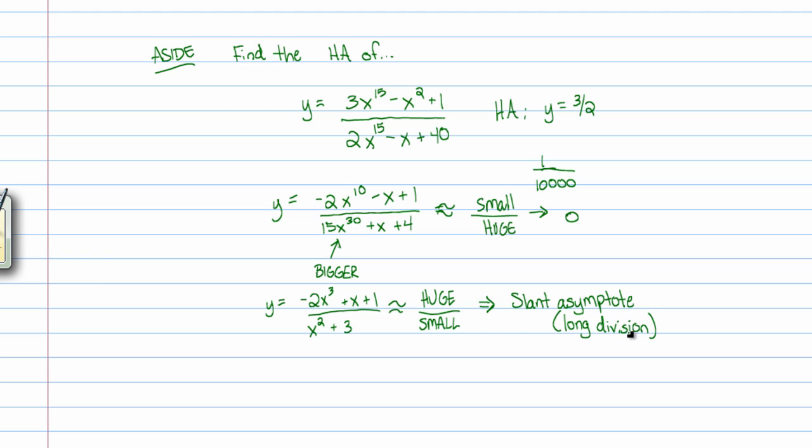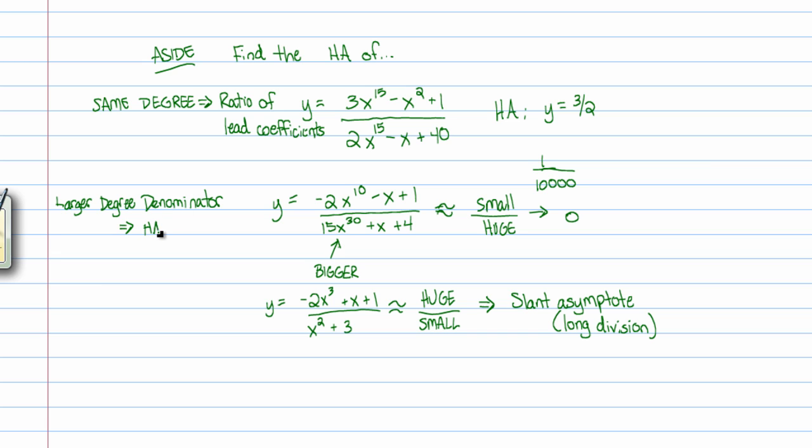So to summarize, same degree, then it's the ratios. On the other hand, a larger degree in the denominator implies the horizontal asymptote is y equals 0 because the larger degree in the denominator drags the values down to 0.